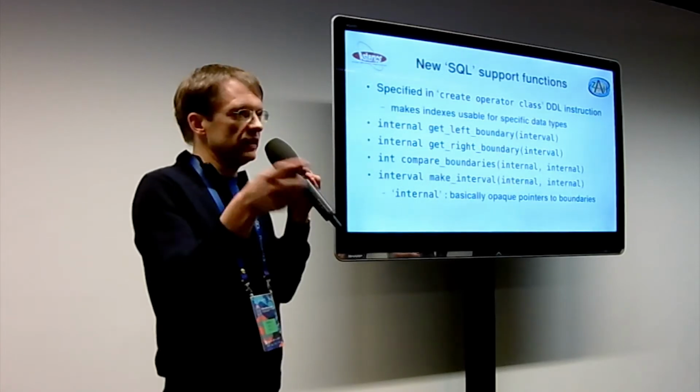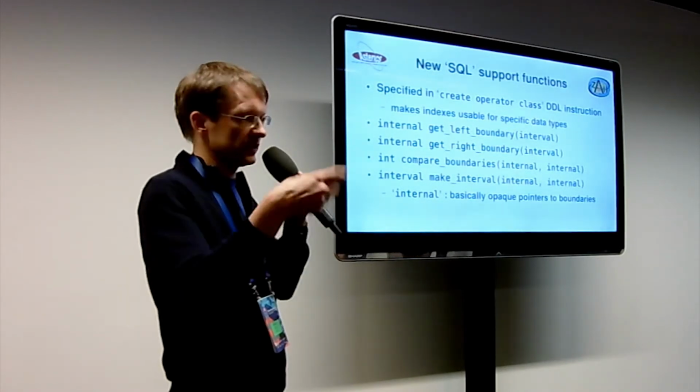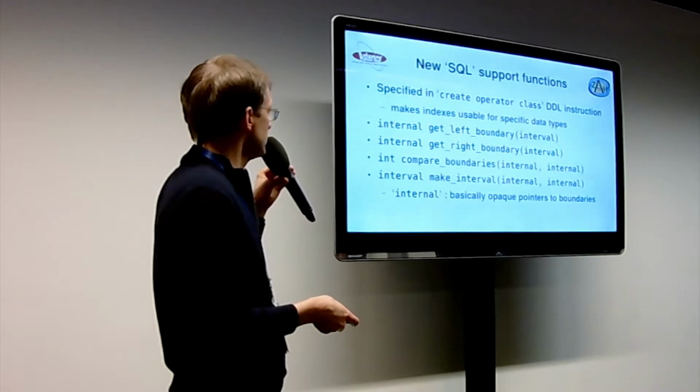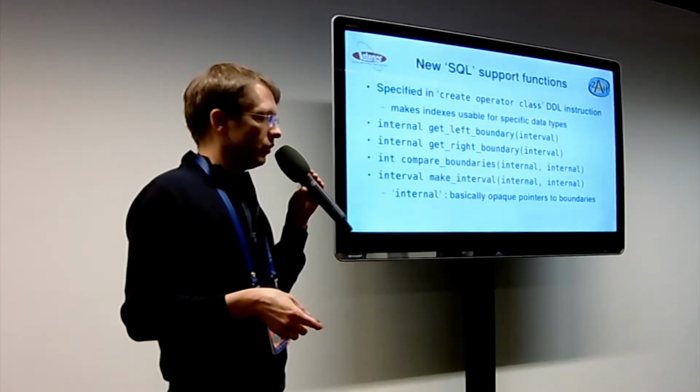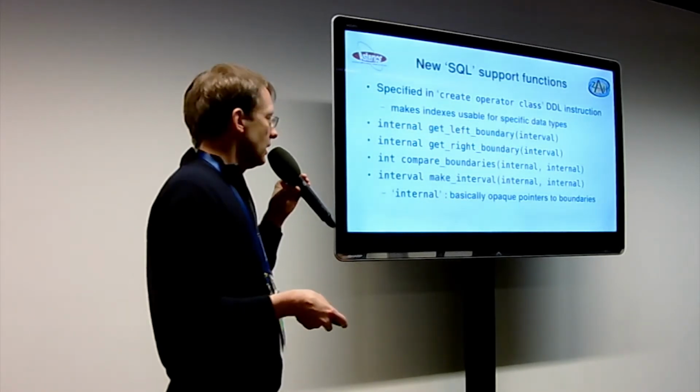This is of course needed to make the sort order of the intervals work internally in the B-tree indexes. And also, obviously, a function to create a new interval data type when the boundaries are given. And everything else, including partially also the sort operations, should be provided.